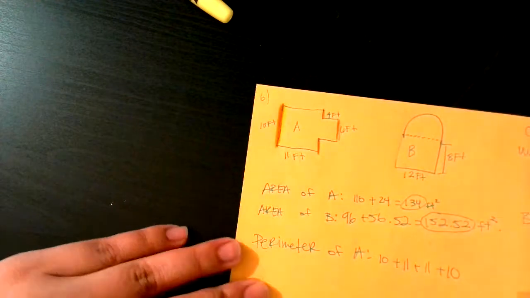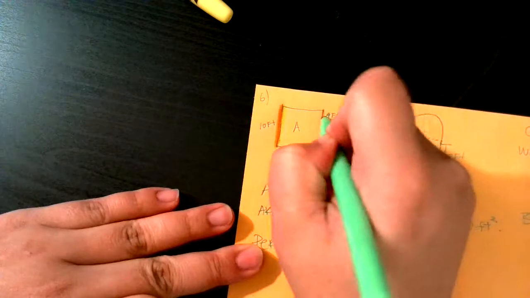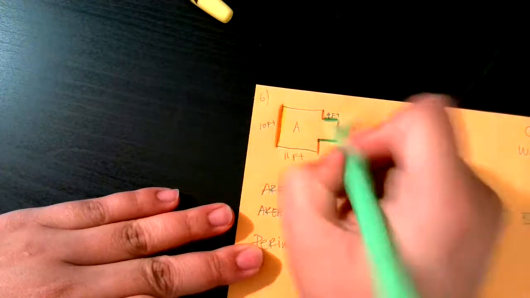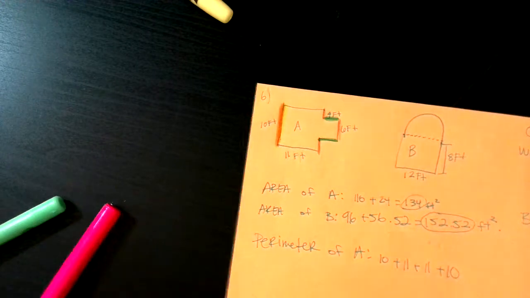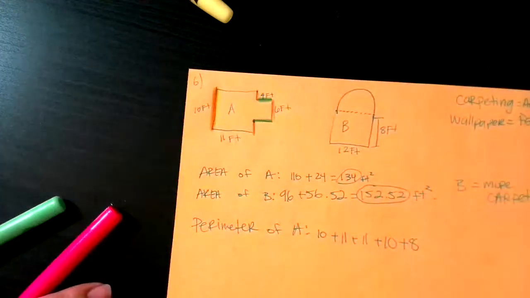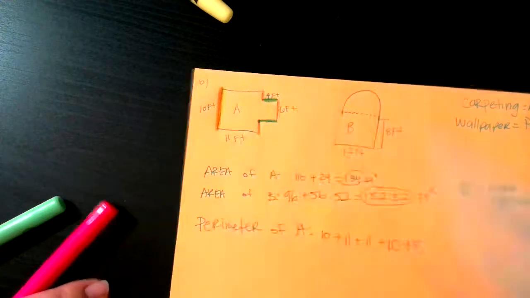And then the only thing I'm missing is this part and this part, which is labeled 4 feet. And there's 2 of them. So that means we're going to have to add 8. Because this is 4 feet and then this is 4 feet.